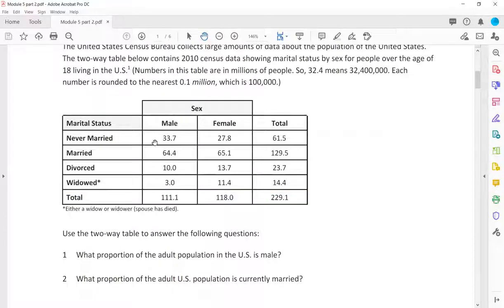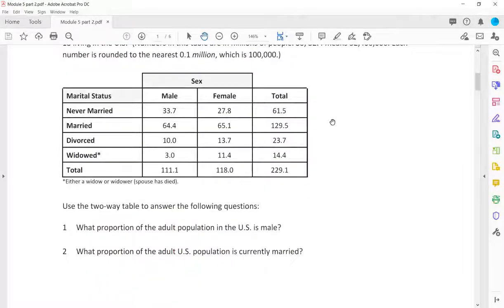For male, never married, you have 32.7, married, 64.4, divorced, 10, widowed, 3. All of these fall into the male category. For the female category, never married, 27.8, married, 65.1, divorced, 13.7, widowed, 11.4.